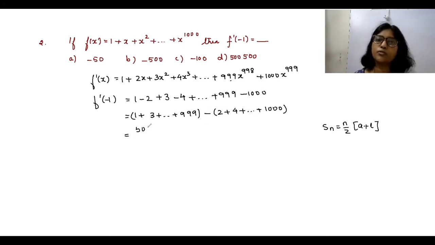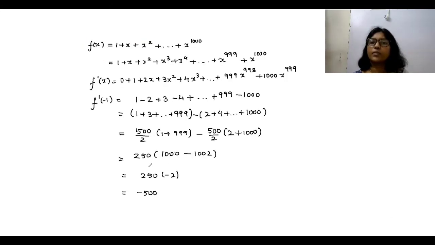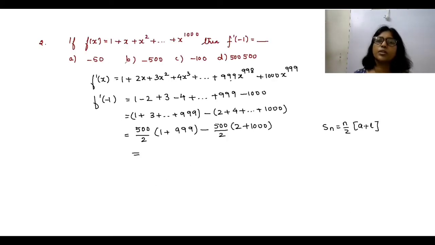So n is 500 for both. First term 2, last term 1000. So calculate and find out your answer. I've done it over here, you can see. Okay, so it comes out to be minus 500. That is option B.